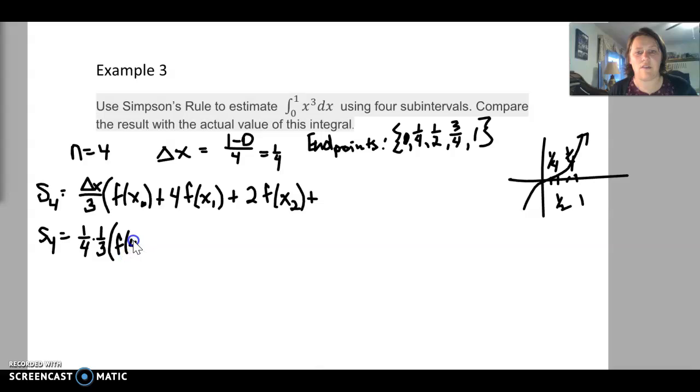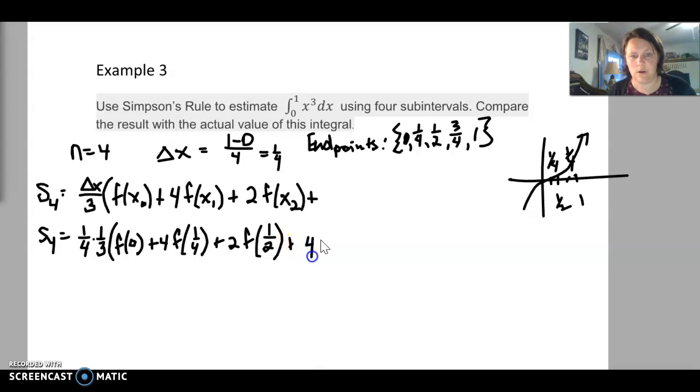So we're going to have f of 0 plus 4 f of 1/4 plus 2 f of 1/2. We did 4, 2, and we still have 2 more, so we have to do a 4 again of f of 3/4, and then plus 1 times f of 1.